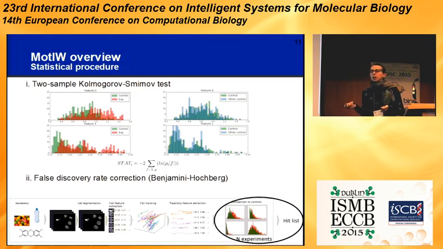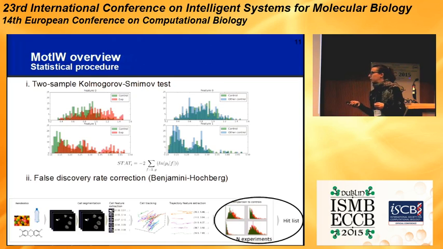What we're going to do is repeat the exact same procedure, but compare control to control experiments and hence get a distribution of the statistic under the empirical null hypothesis. That is, we really don't want one control to be significantly different from another control. So this gets us an empirical null distribution of the statistic, and we can then compare the statistic obtained from comparing control to experiments to this distribution and get a p-value.